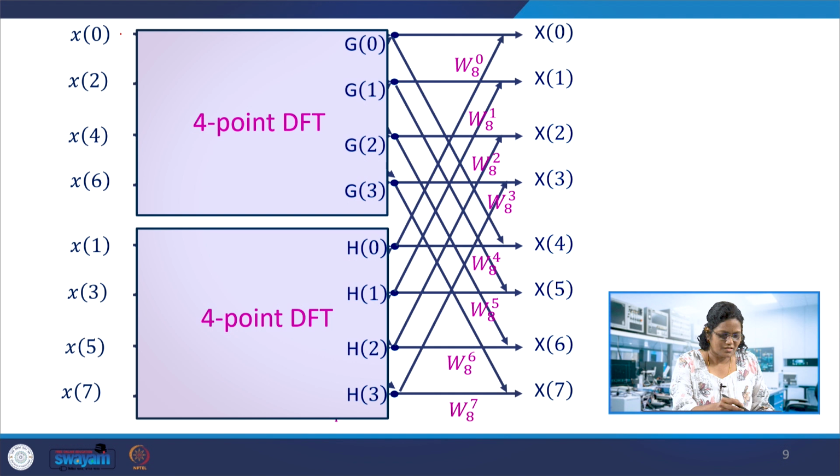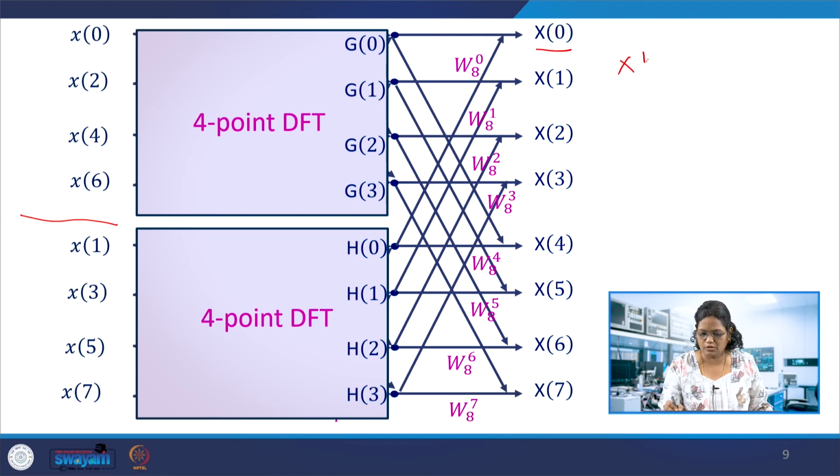The samples are in bit reversed order. First we take 0, 2, 4, 6 and then 1, 3, 5, 7, so the even and odd samples are split. What we get from here is G of 0: we have to take this 4-point DFT, the first case, to get x of 0. So G of 0, H of 0 and W_8^0. That's the first one.